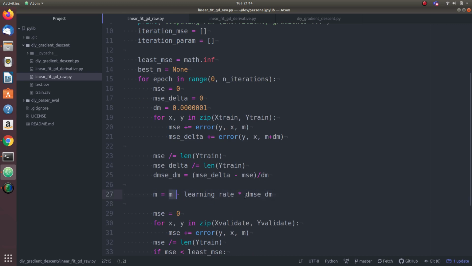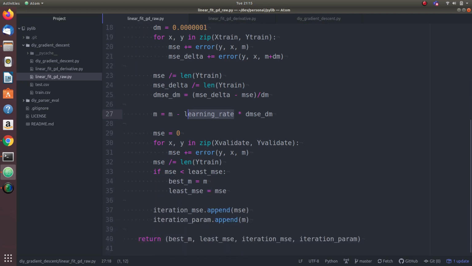We multiply the gradient, or the derivative, with what is known as the learning rate, and then subtract that from m. So we keep changing the value of m in the opposite direction of the gradient.